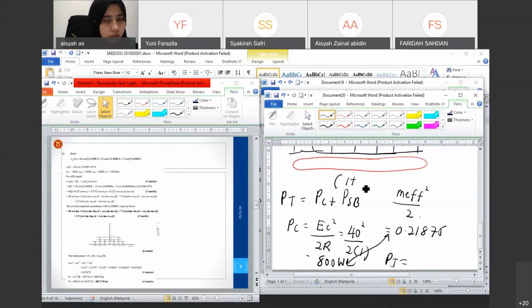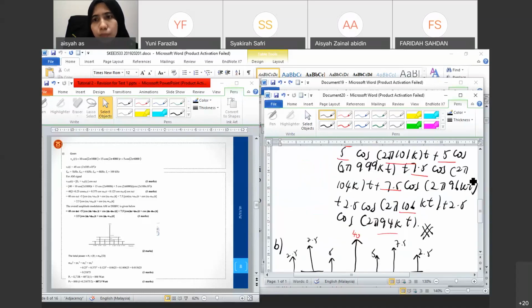For the M, we find it from all the VM, and M equals the square root of M1 squared plus M2 squared plus M3 squared. Okay, you can use this, and then M1 squared over 2 plus M2 squared over 2 plus M3 squared over 2.